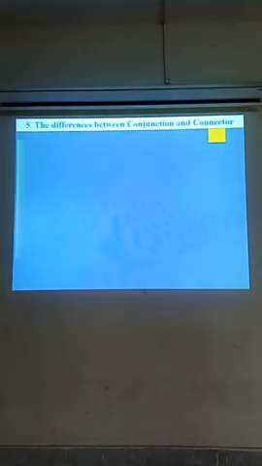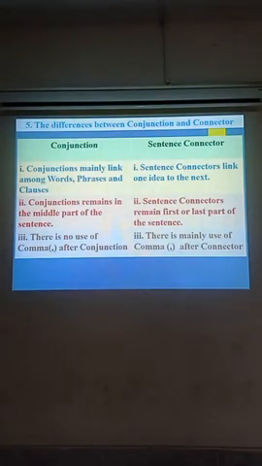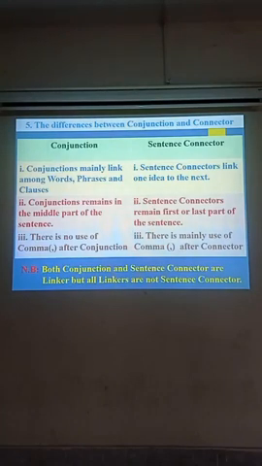Now number 5, we will see the differences between conjunction and connectors. Numbers 1, 2, 3, I have already discussed before you in my previous class, and you should remember the note also. Both conjunction and sentence connector are linkers, but all linkers are not sentence connectors.